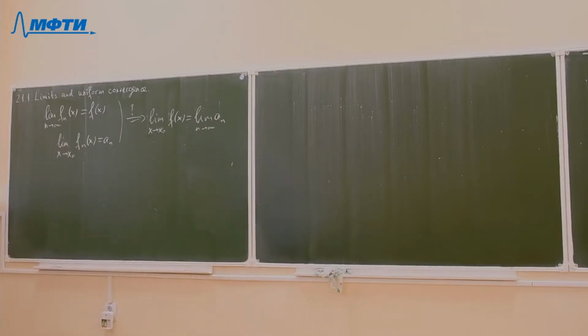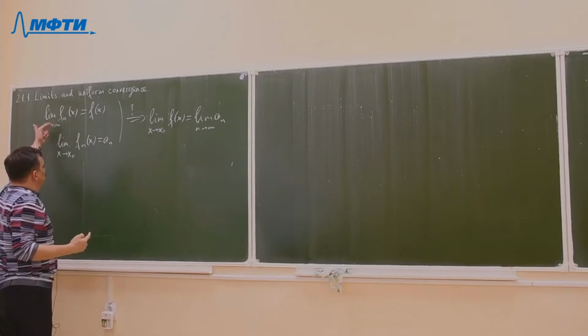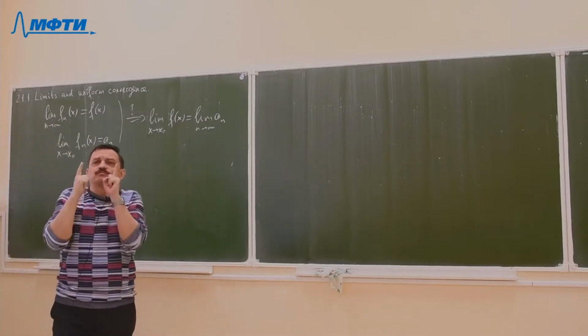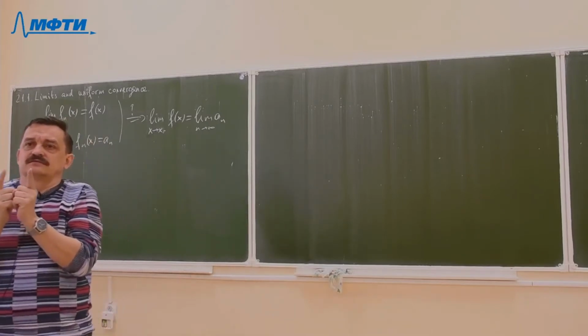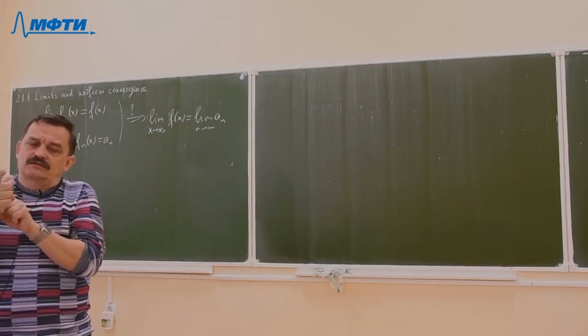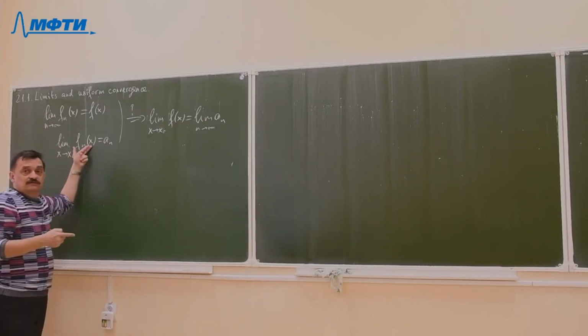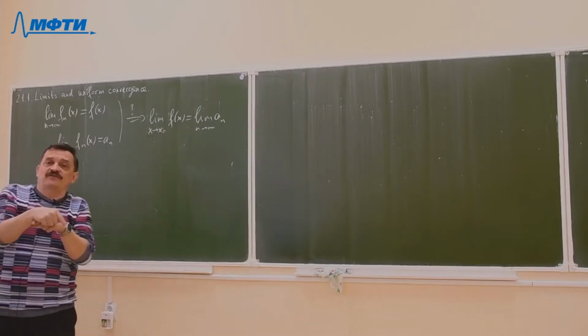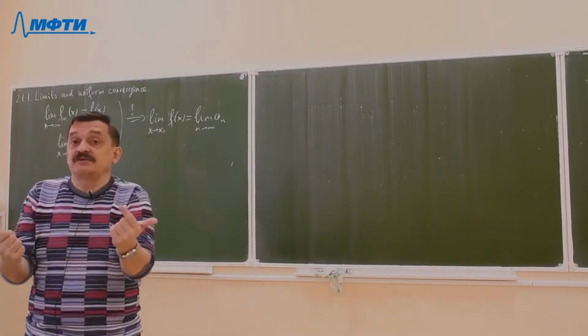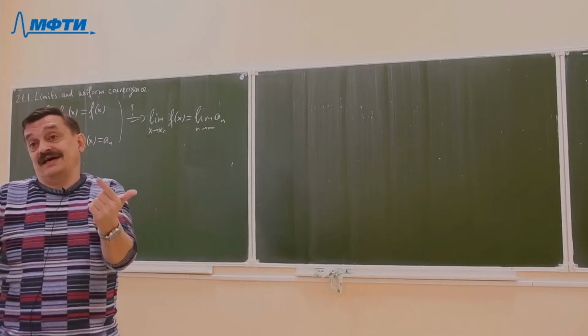So we have two limit processes. One as x tends to x naught in the argument of the function, and another limit process when n tends to infinity.